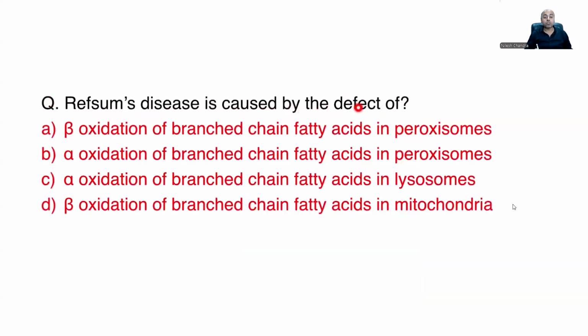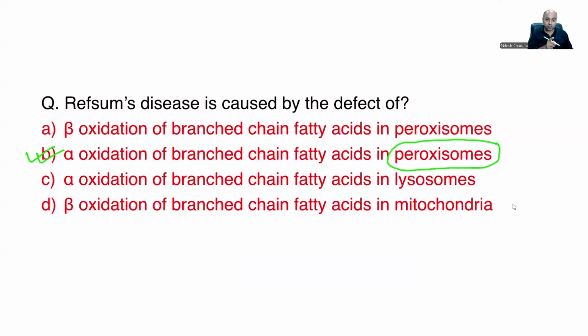Refsum's disease is caused by the defect of, your options are beta oxidation of branch-chain fatty acid in peroxisome, alpha oxidation of branch-chain fatty acid in peroxisome, alpha oxidation of branch-chain fatty acid in lysosome, and beta oxidation of branch-chain fatty acid in the mitochondria. Now, I'm sure most of you know that Refsum disease is related to defect in alpha oxidation of branch-chain fatty acid in the peroxisome.